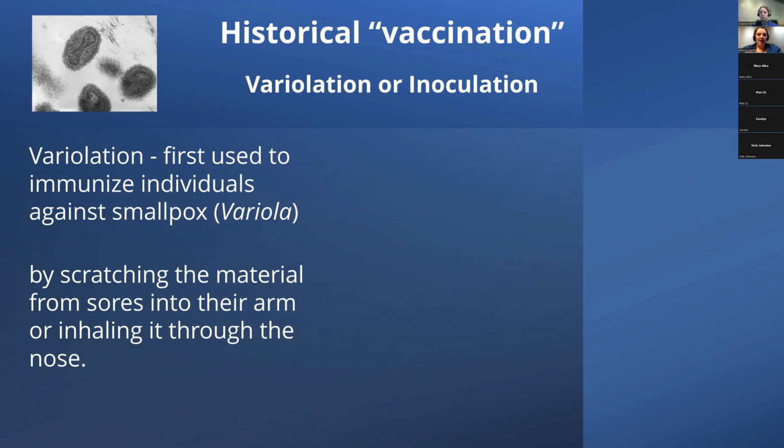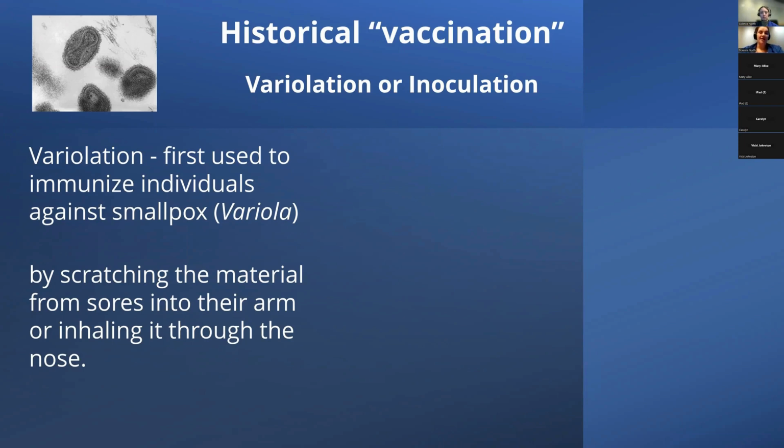When they gave the small amount, people got less sick, which makes sense. You get less of it, you're less sick. It was actually 10 times less likely to cause severe health issues and death than getting sick by the actual virus. So it was a really great way at the time to reduce the risk of people getting sick.